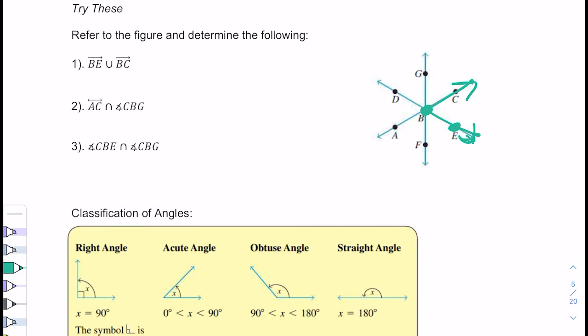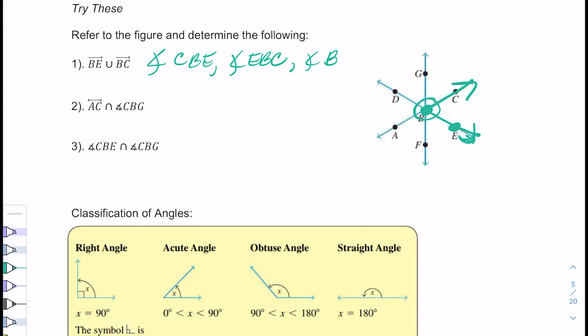It would be both of those rays together, which would give us angle CBE. So again, it's the definition of an angle. It's the union of two rays with a common endpoint. The common endpoint is B here, which we call the vertex. So the answer is angle CBE. Or you could call it angle EBC. Or you could just call it angle B.